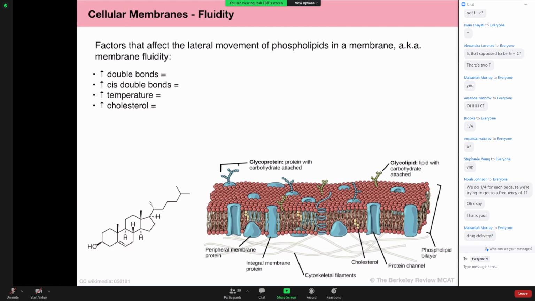Double bonds on your phospholipids are going to increase fluidity. If anyone wants me to explain why, I will. Otherwise, we'll move quickly through this. Cis double bonds specifically will increase fluidity even more than trans bonds. Temperature will increase fluidity.